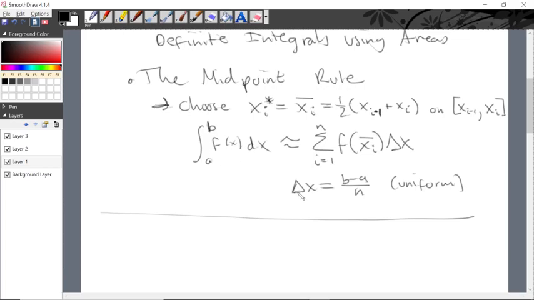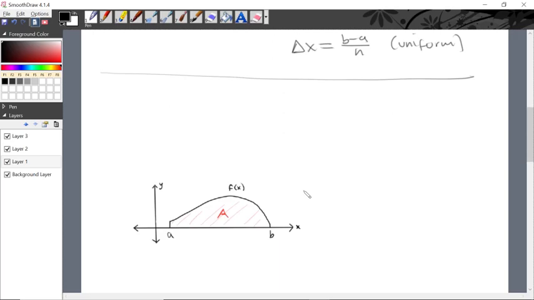Since we have continuity, we can choose delta x to be on a uniform partition. So we can partition the closed interval from a to b uniformly, so that the width of each subinterval can be calculated as b minus a over n, where n is the number of rectangles, the number of subintervals, and hence the number of rectangles.